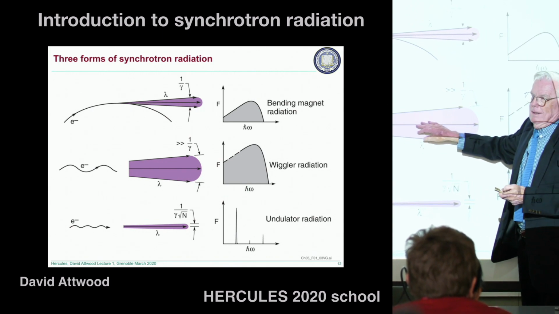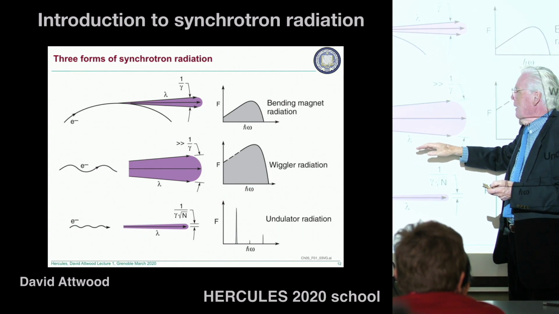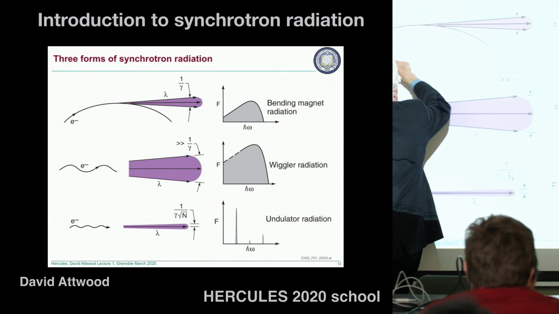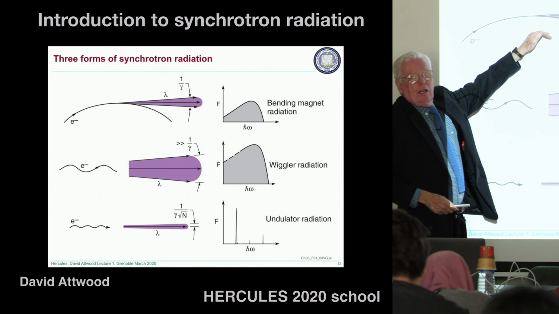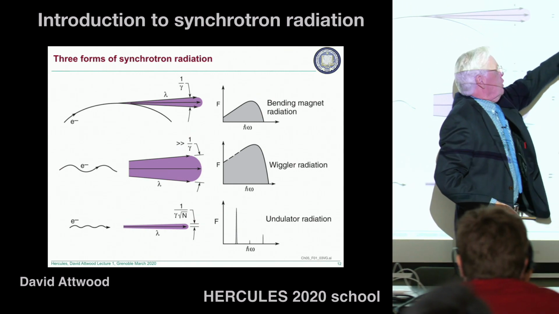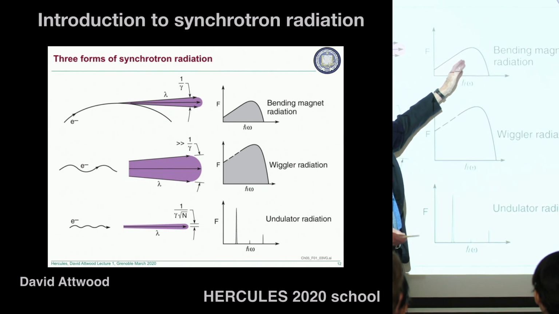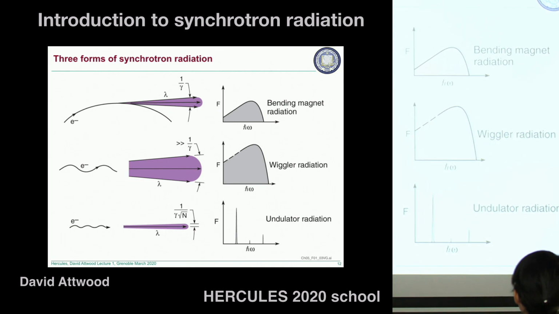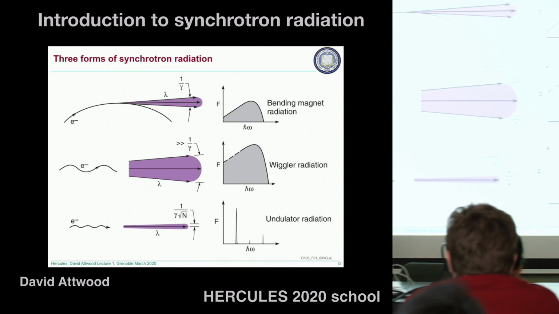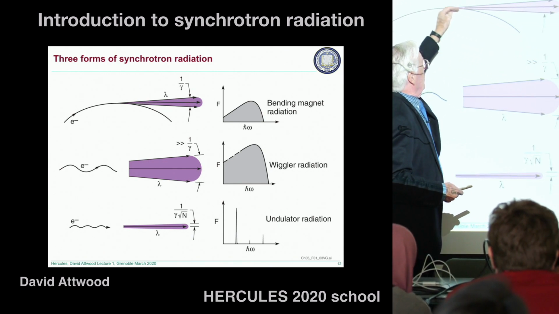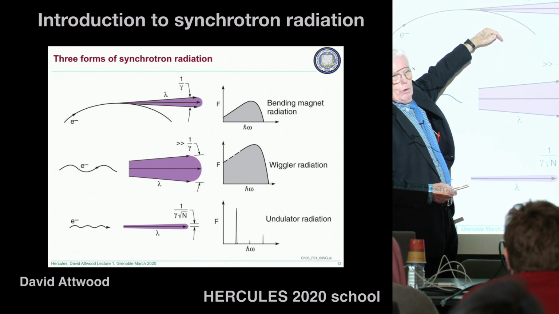The wiggler I didn't tell you about because of time, but basically here you get a certain kind of X-rays. I told you there was a critical photon energy, which for ESRF got you up to 10 keV or more. You can't increase the magnetic field here though, or the electrons will crash into the wall.